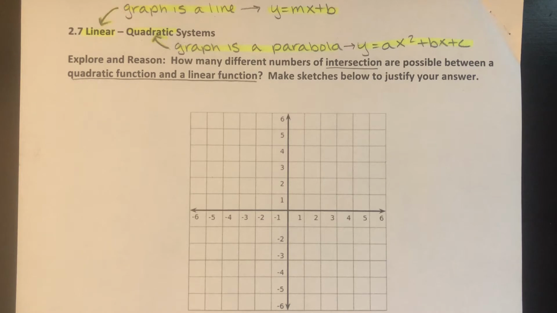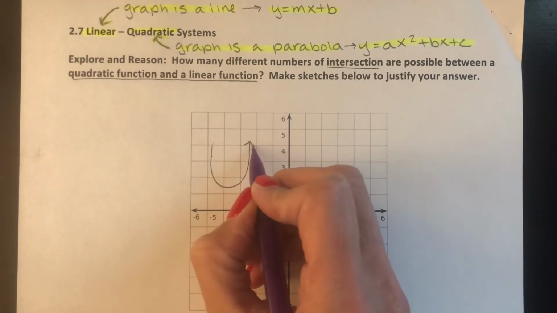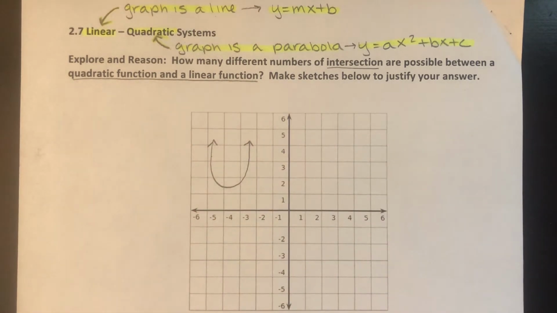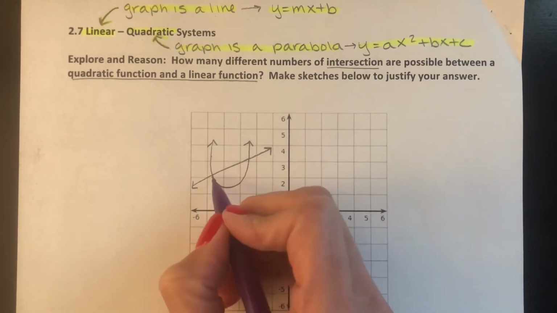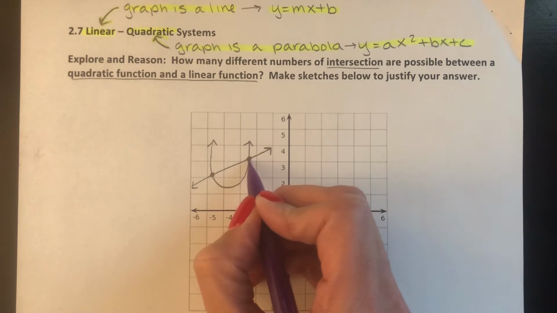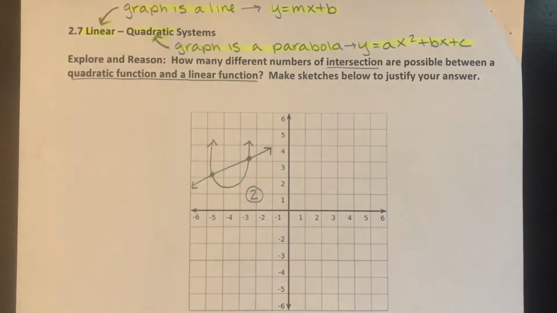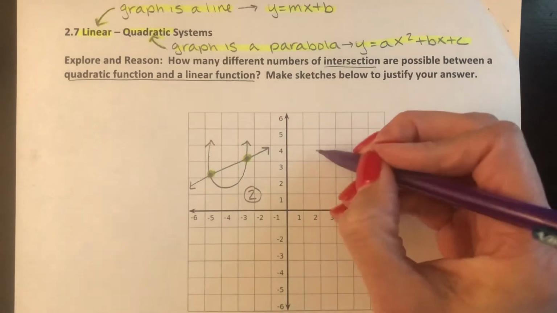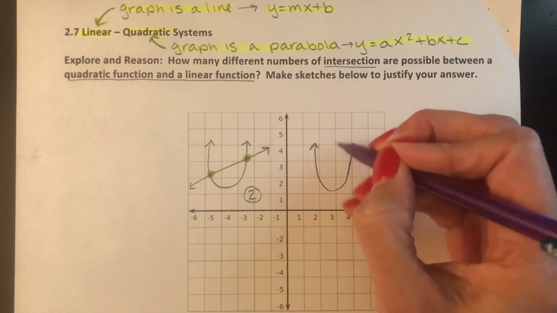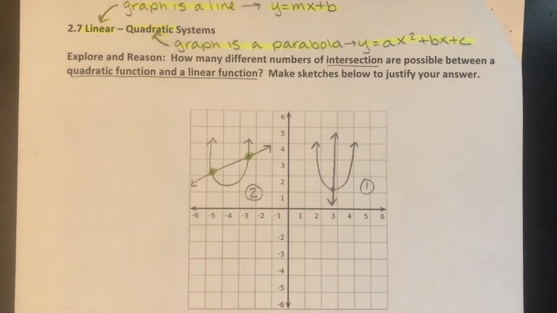We're going to do a few sketches to show the three scenarios. My first scenario is a parabola and a line that intersect twice, so there are two intersections. The other case is a parabola and a line that intersect just one time, so one intersection.